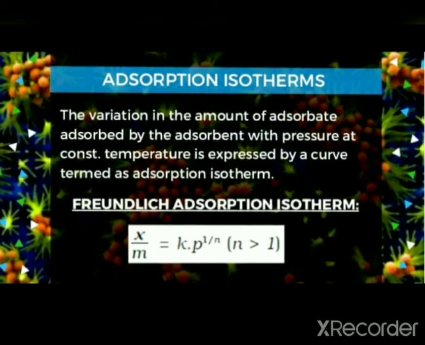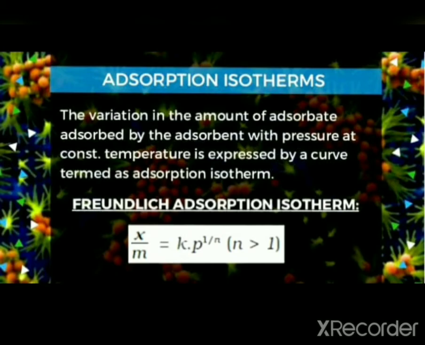What is meant by an adsorption isotherm? You are familiar with the term isothermal. Isothermal means constant temperature. So adsorption isotherm means adsorption studied at constant temperature. What is an adsorption isotherm?